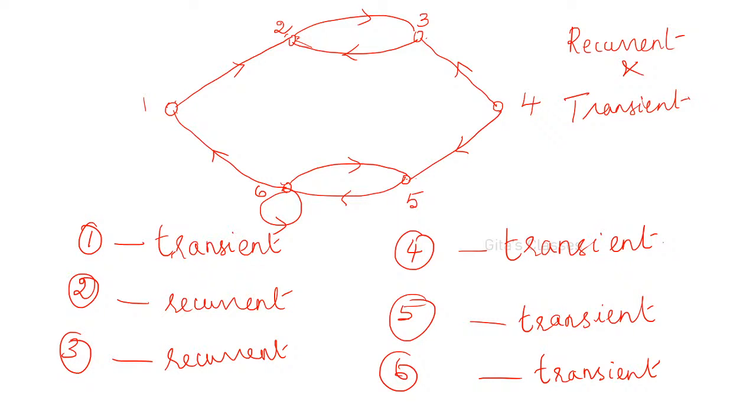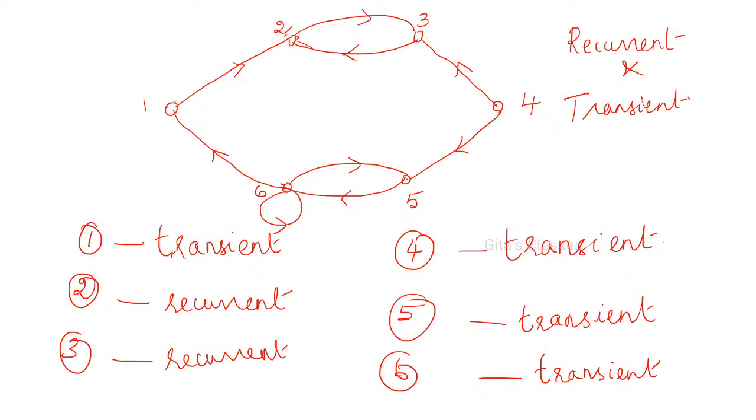Otherwise, it is transient. That is why I have taken this example. From 5, you can either come back to 5, or from 6, if it comes out to 1, then you cannot come back. Then in that case, it is transient. Understood? Any doubts? Transient state and recurrent state.